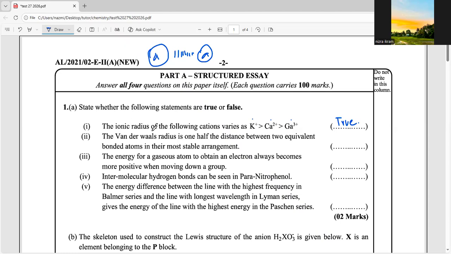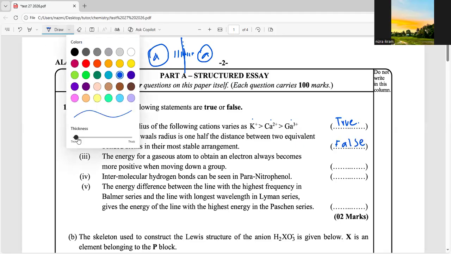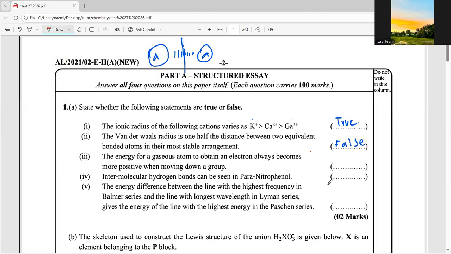That is what we call the van der Waals interactions. So the van der Waals radius is half the distance between the interaction, not the bonded atoms. Here you don't have bonded atoms; you have an interaction between two molecules. Therefore, this is false. This can come as a covalent radius, but not the van der Waals radius.